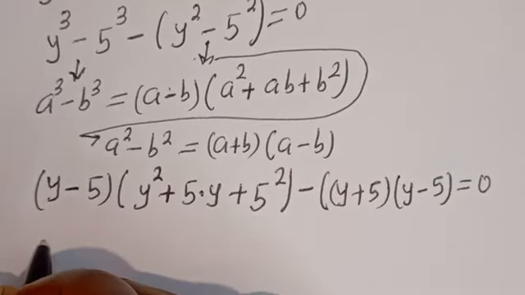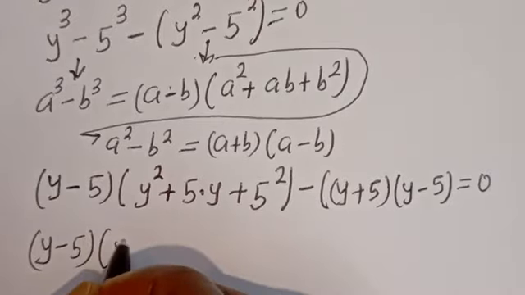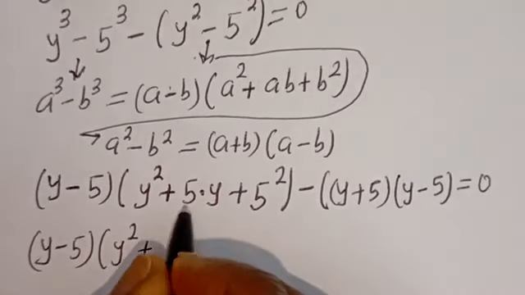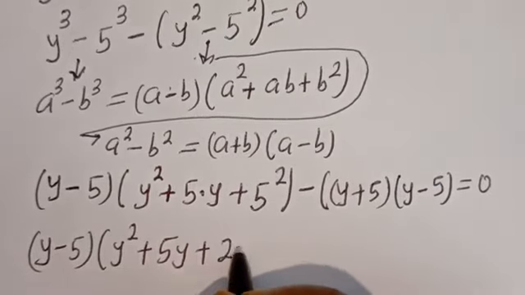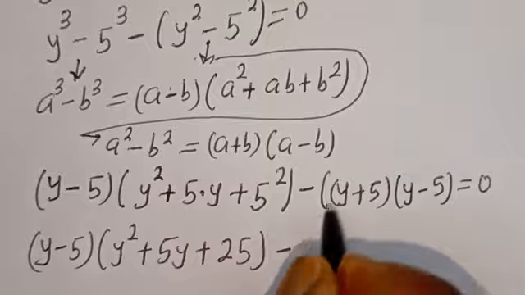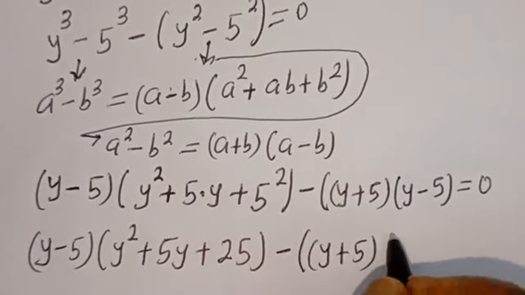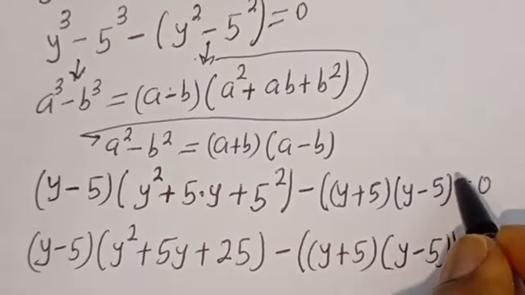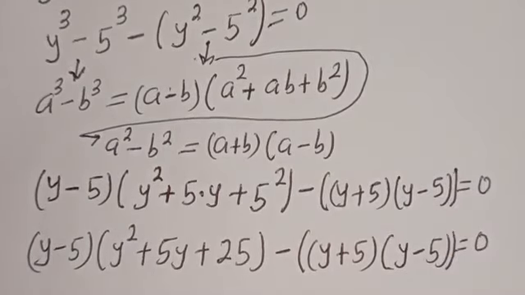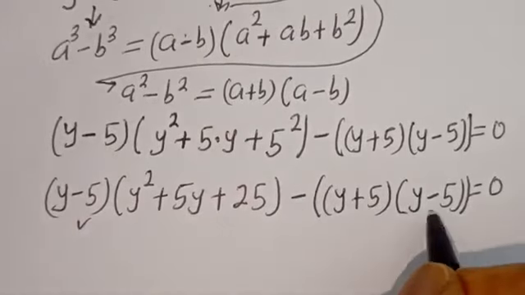Then here we have y minus 5 bracket, here y square plus 5 multiplied by y, this is 5y, plus 5 square, here is 25, minus here is y plus 5 bracket y minus 5 is equal to 0. Now here y minus 5 is common and y minus 5 is here.